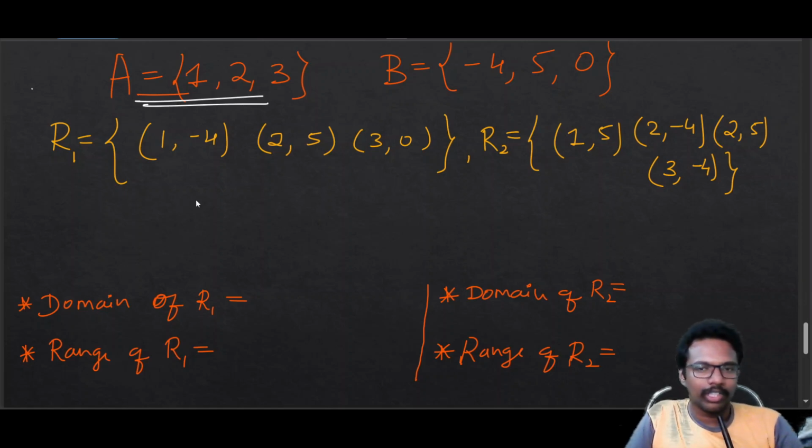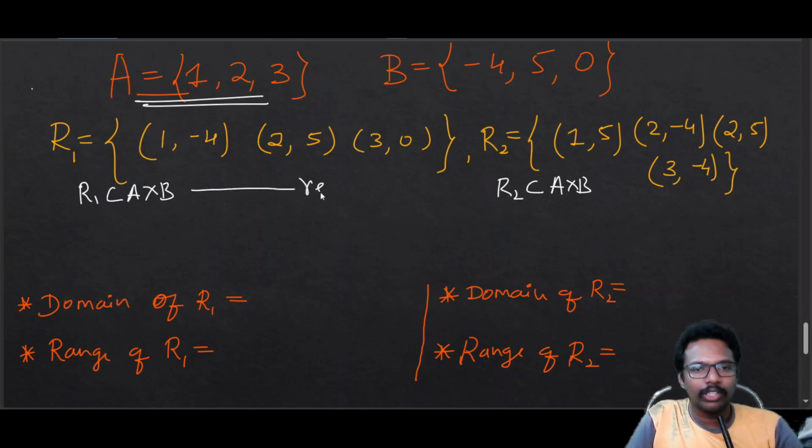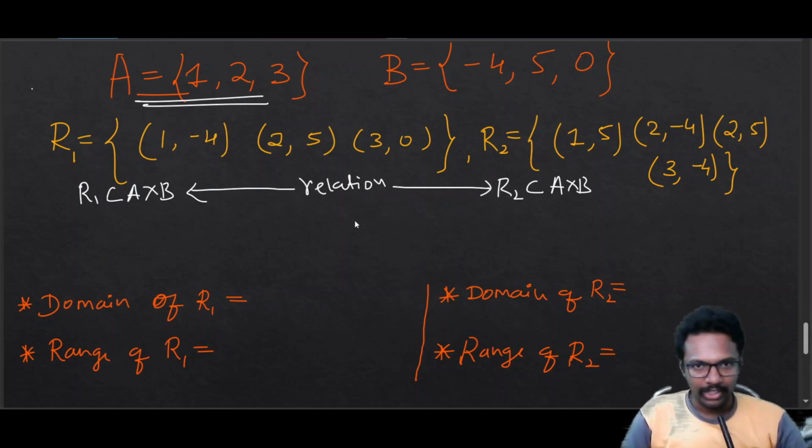These R1 and R2 are relations because R1 is a subset of A cross B, and R2 is also a subset of A cross B. So both R1 and R2 are relations here. It satisfies the definition of a relation, because to satisfy the definition it should be a subset of a Cartesian product.